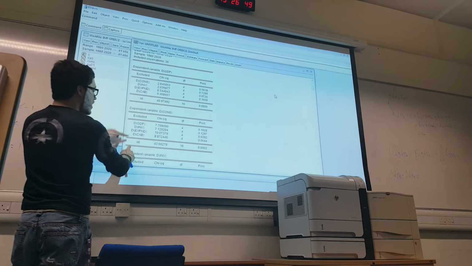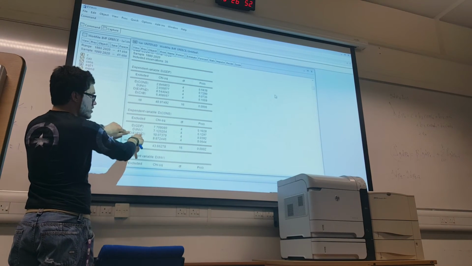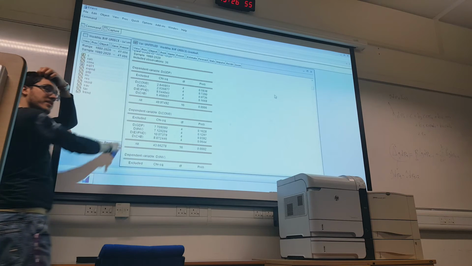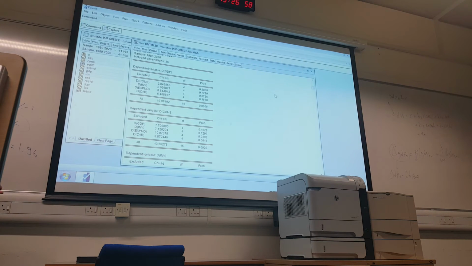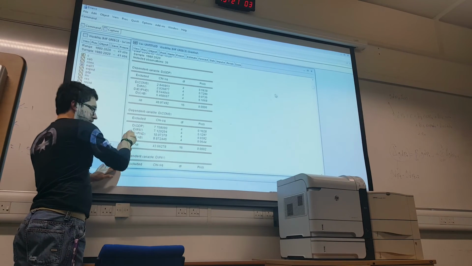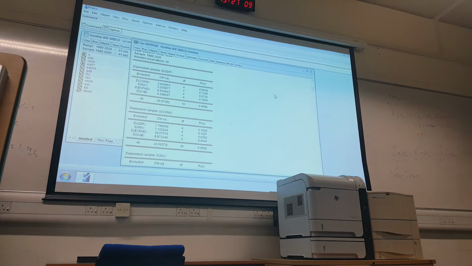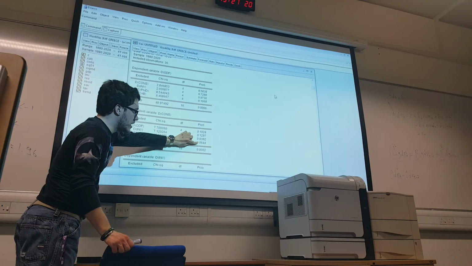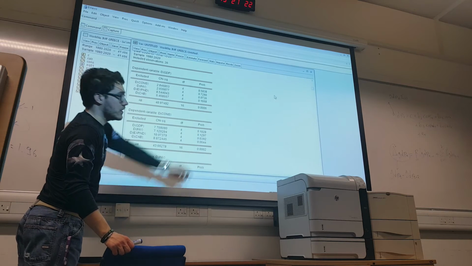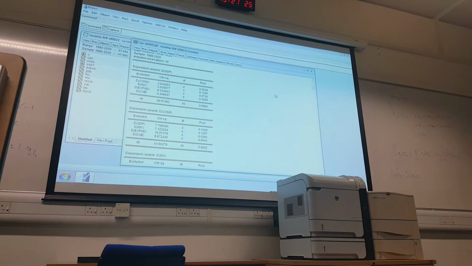For instance, as you can see here, only expenditure is affecting consumption, meaning that if there is a change in expenditure, consumption is going to change as well. That's the main effect. So fiscal policies will affect the level of consumption. That could be an interpretation of this result. And if you see the following tables, whenever you see a significant probability here, below 0.05, you can argue that there is causality running from the independent to the dependent variable.